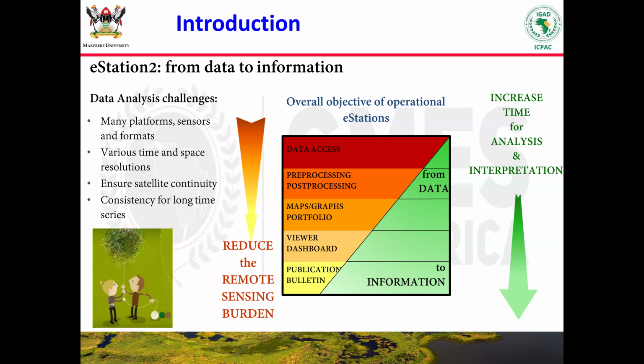Now, eStation tries to reduce this burden of processing data from the raw satellite format into a product. Then also, of course, when you reduce this burden, you put more effort into analysis and interpreting the output, the product that you will have generated. Let's say in our case this time, the theme is that we want to look at the conservation of protected areas.